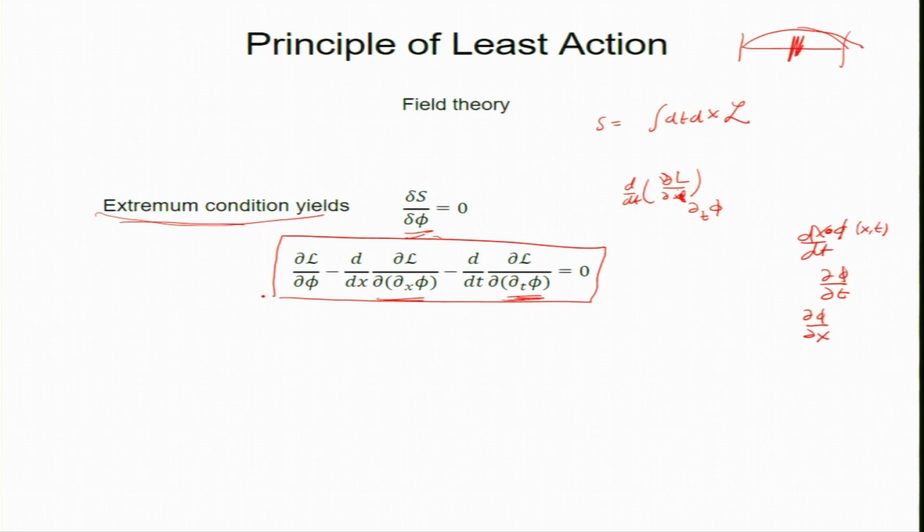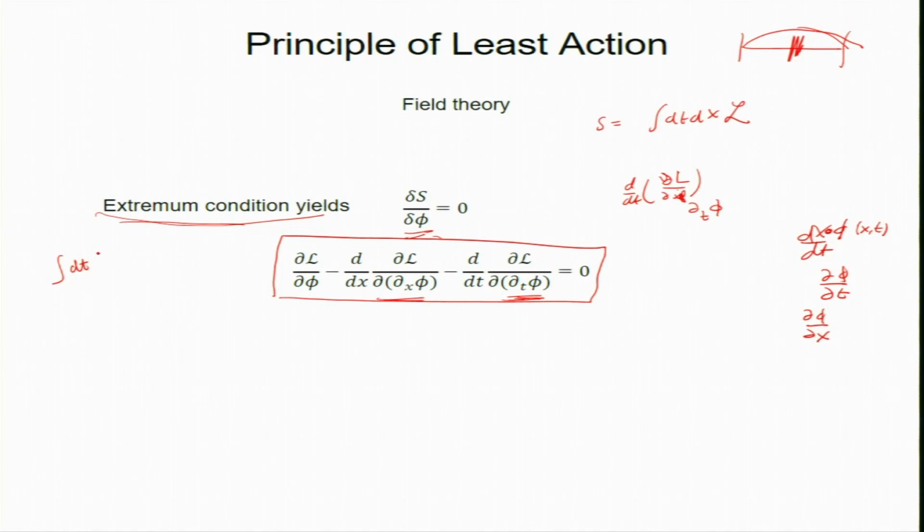The derivation is exactly the same as for the particle, but of course, we are constraining that the fields do not change at t equal to 0 and t final. So, remember for particles we said integral dt of the Lagrangian from t1 to t2, the position of the particle at t1 and t2 is fixed, right.